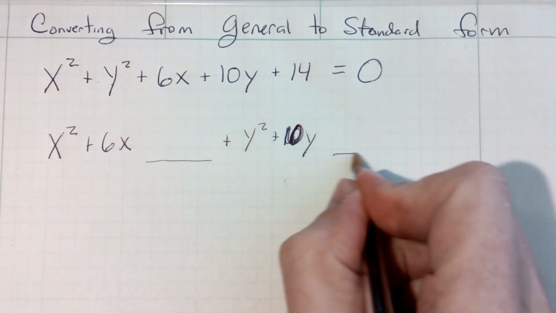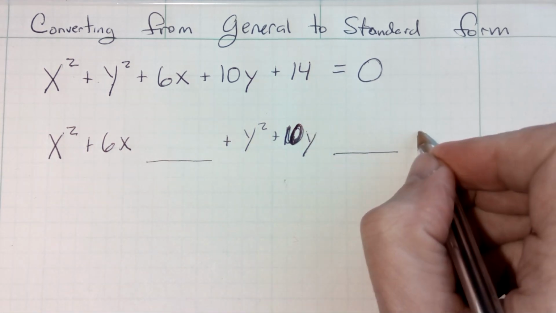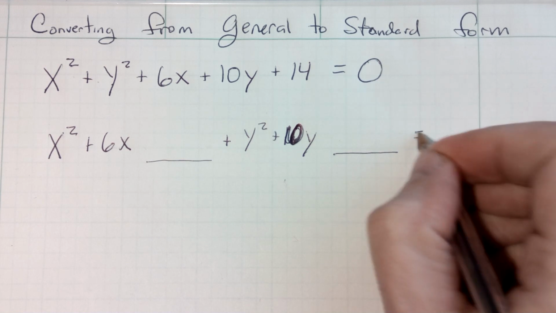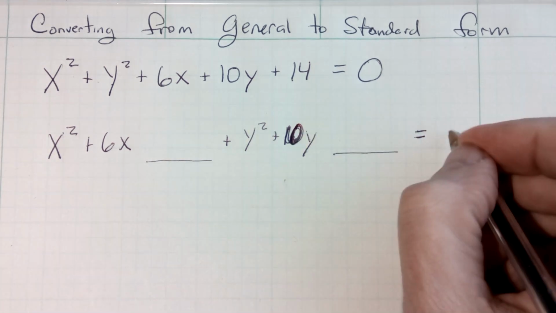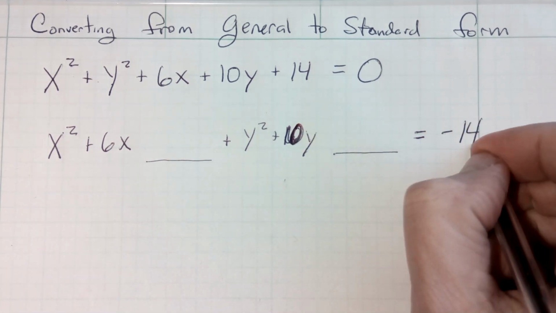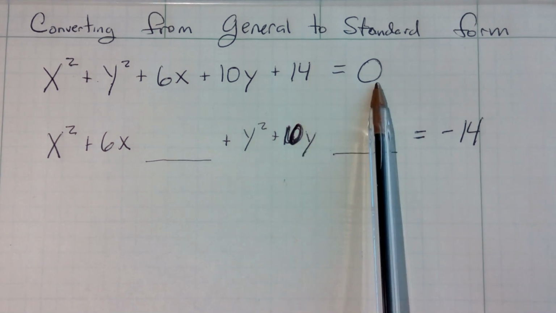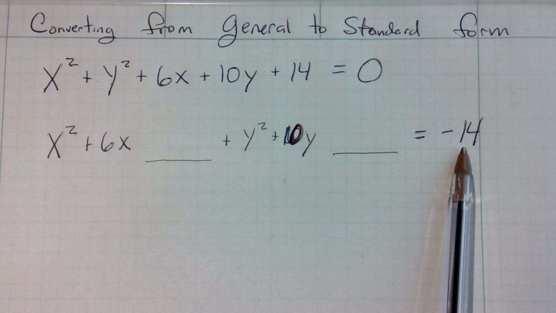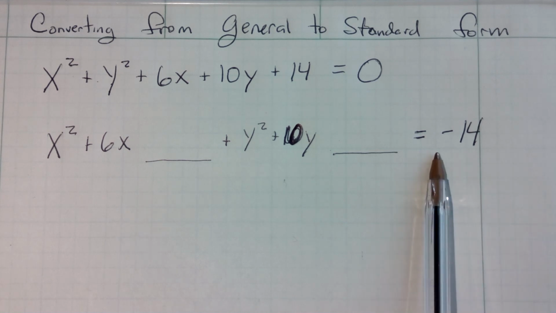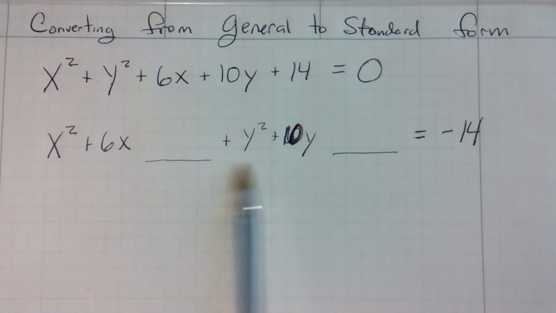Again, I'm going to leave a space, and I'll tell you what that space is for in just a minute, equals, and then I'm going to bring that 14 over to the right side. So all I did was rearrange, minus the 14 to the right side. I got the term that has no variable by it on the right side of the equation. All the terms with variables are on the left side.